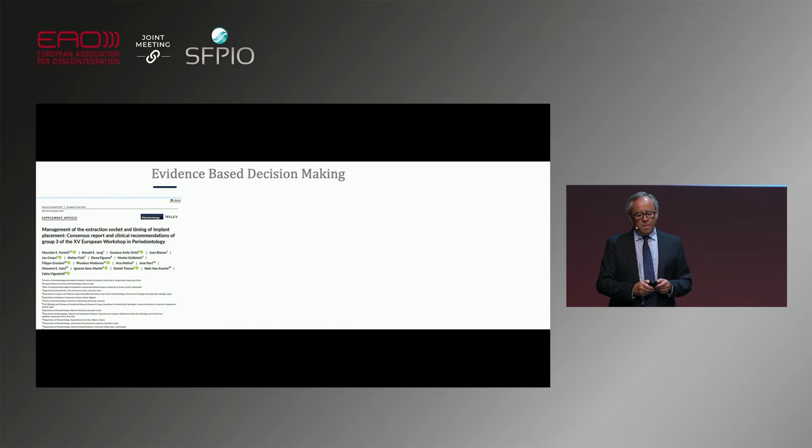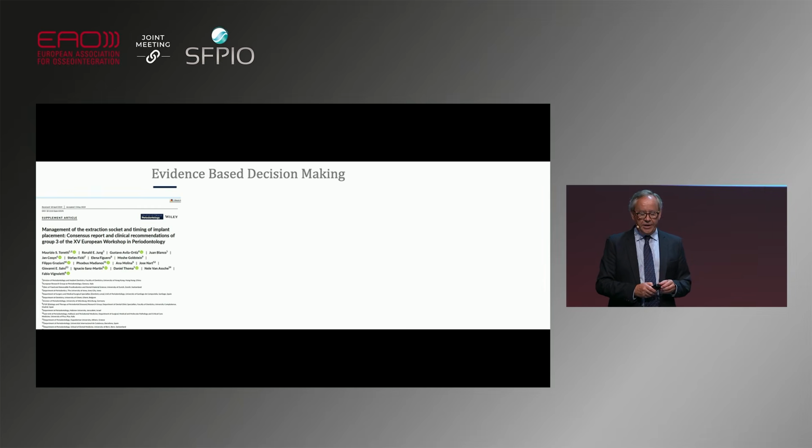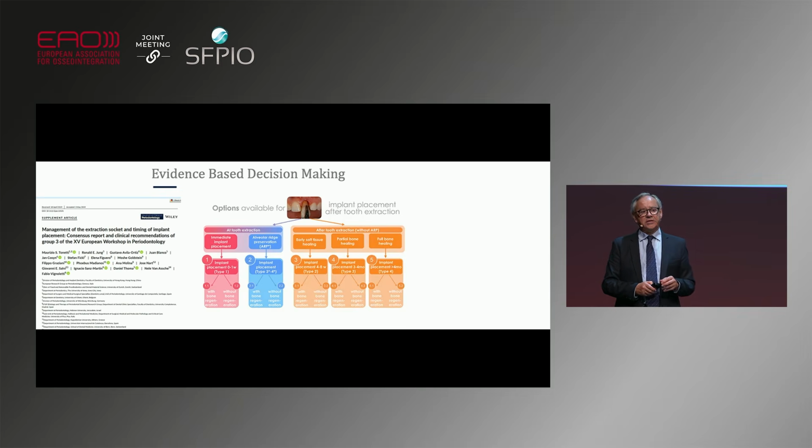And therefore, we have been discussing for basically 2 decades what is the evidence-based decision-making when we need to do an extraction and decide on which is the best surgical protocol. And here you have a consensus report from the EFP that first authored Mauricio Tonetti, that we discussed these possibilities, and then we came up with this basically framework.